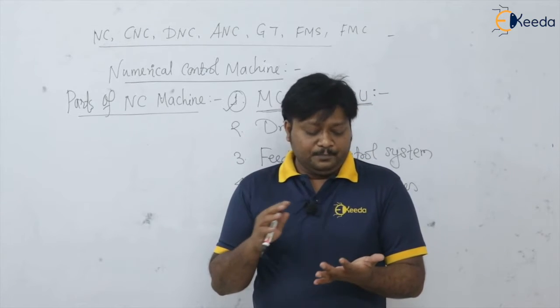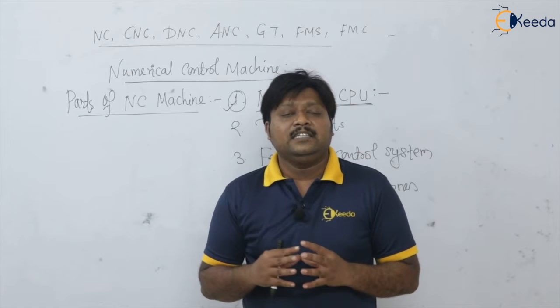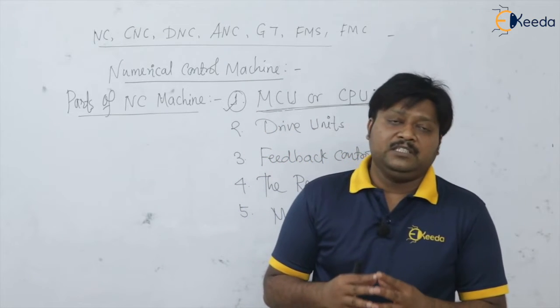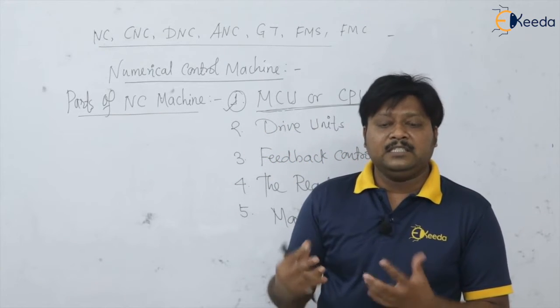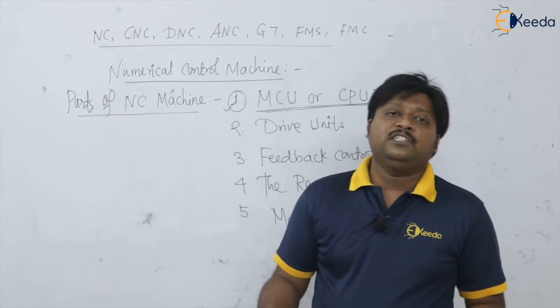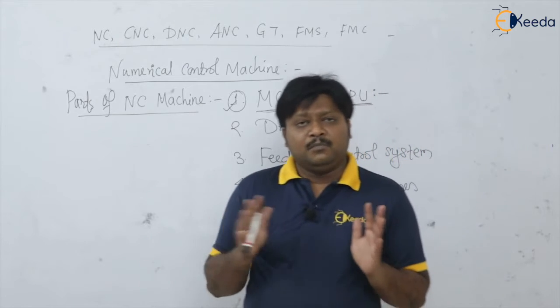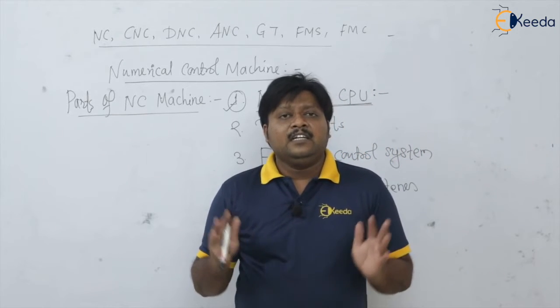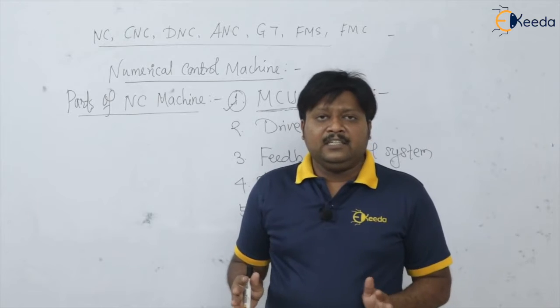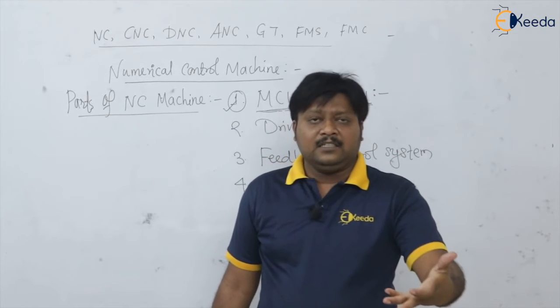So machine control units are nothing but the brain of the machines, which take the information, analyze it and produce the results. The aim of our machining is to move the axis.